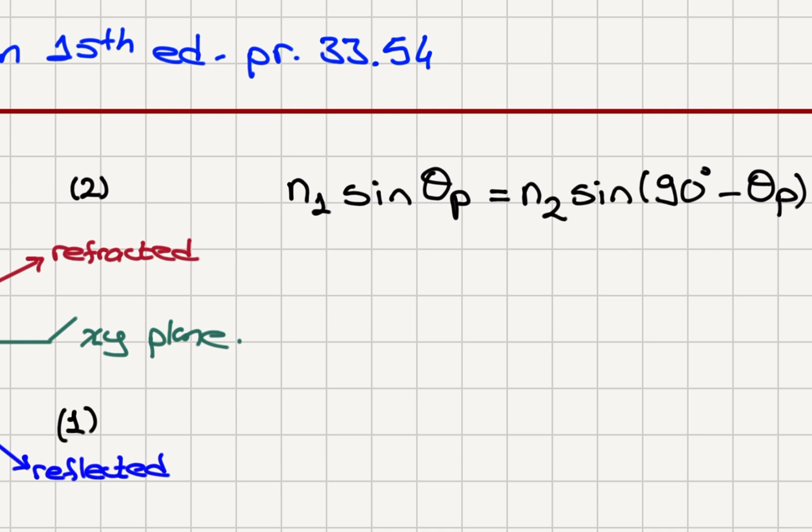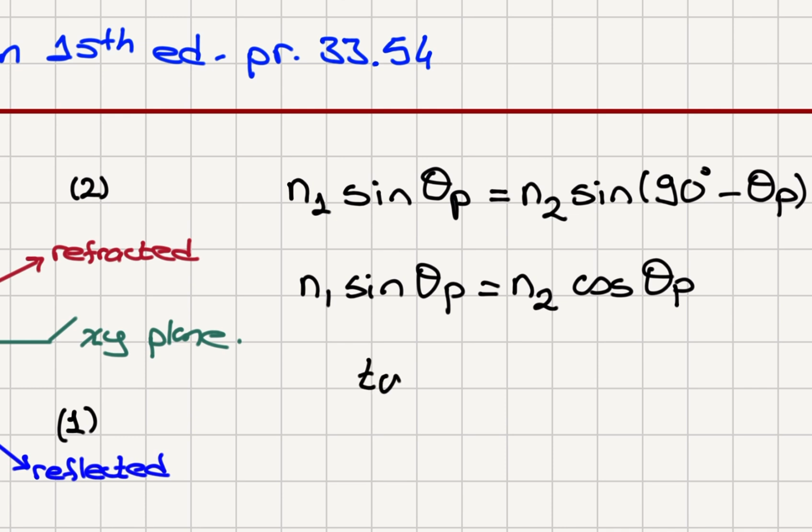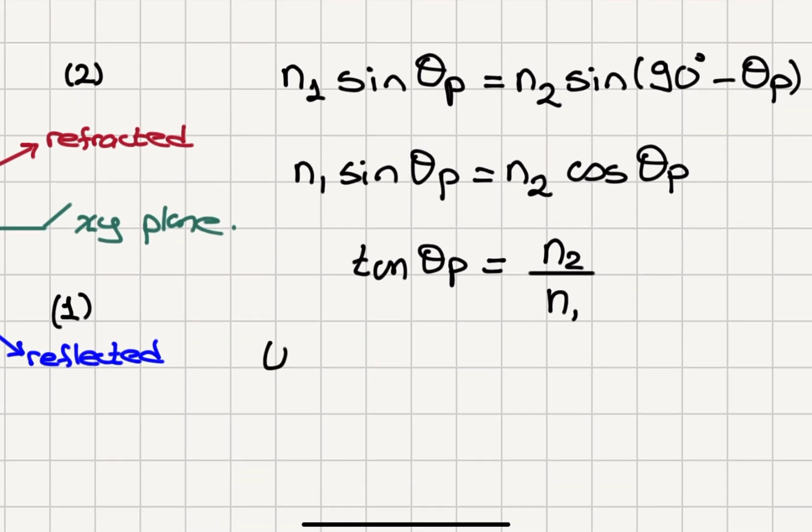So with that, we obtain N1 sine theta polarizing is equal to N2 cosine theta polarizing. Therefore, tangent theta polarizing is equal to N2 over N1. So we can calculate the polarizing angle theta p to be tangent inverse.